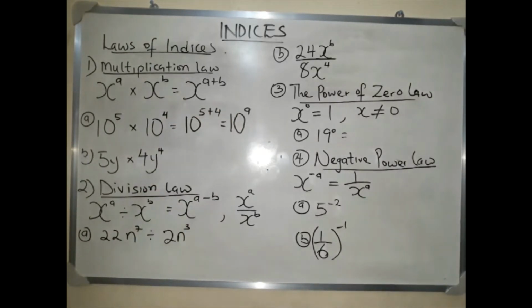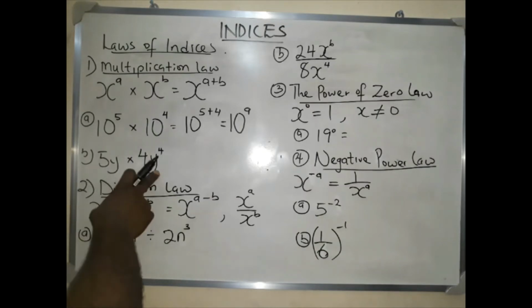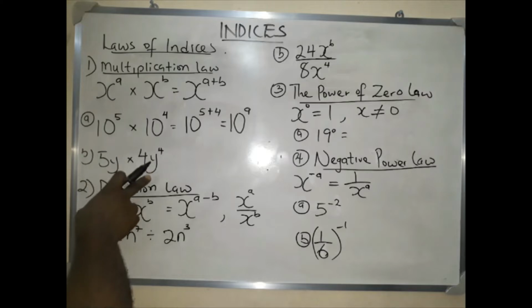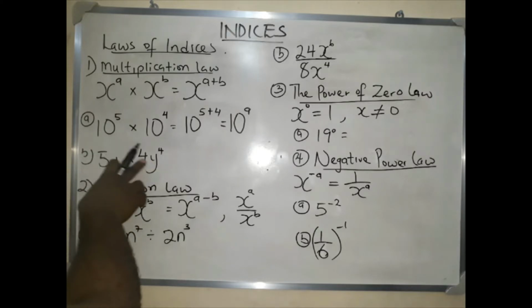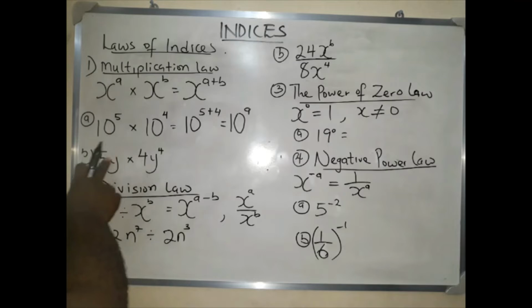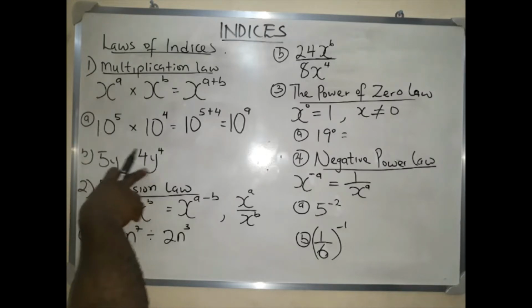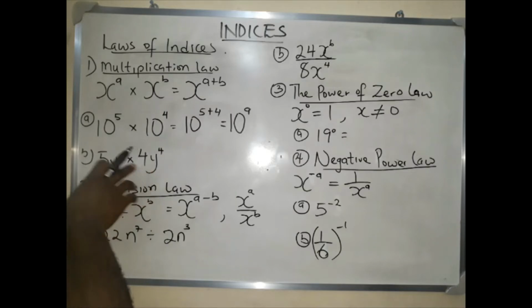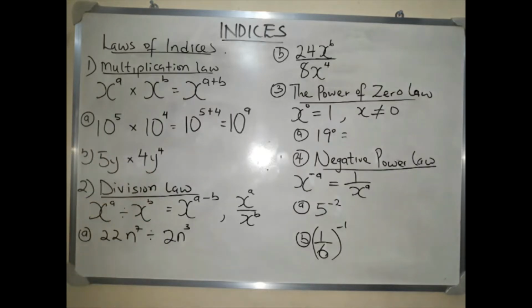So let's look at the second example, which is 5y times 4y raised to the power 4. Now as you can see here, we have a 5y and we have here 4y raised to the power 4. Now you can see that the only similar terms here are these two y's. So in this case, you're going to have to multiply these two other terms, 5 and 4, separately, and then you now apply the law of indices to this y, because this y and this y, they are similar base terms.